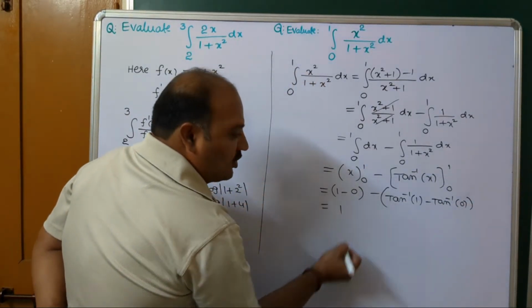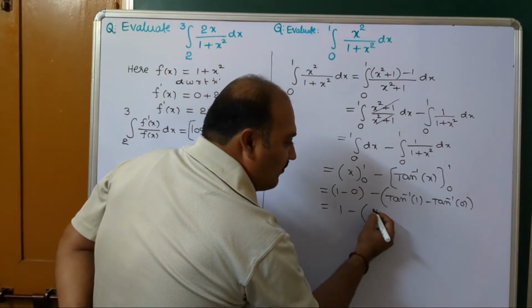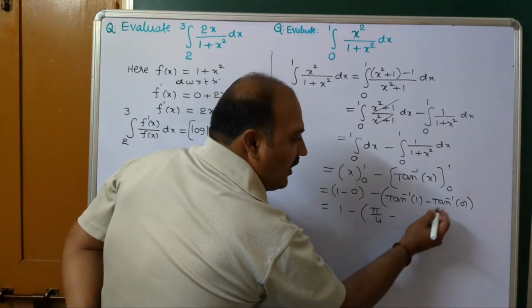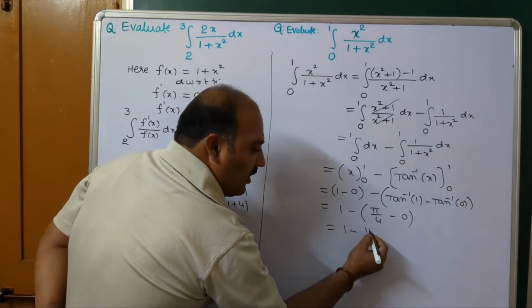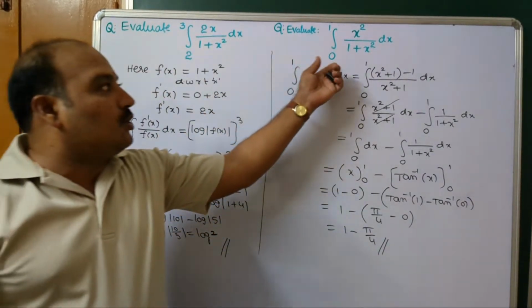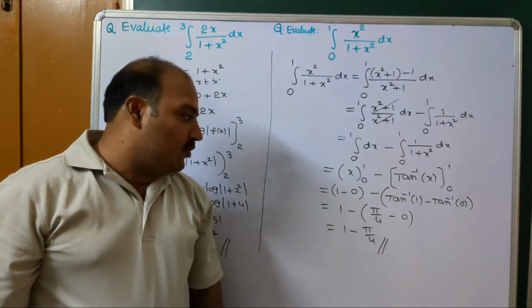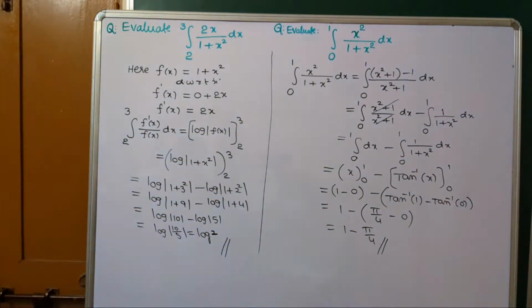So 1 minus 0 is 1, minus, keeping brackets, tan inverse of 1 is pi by 4, minus tan inverse of 0 is 0. So 1 minus pi by 4. Therefore integral 0 to 1 x square by 1 plus x square dx equals 1 minus pi by 4.